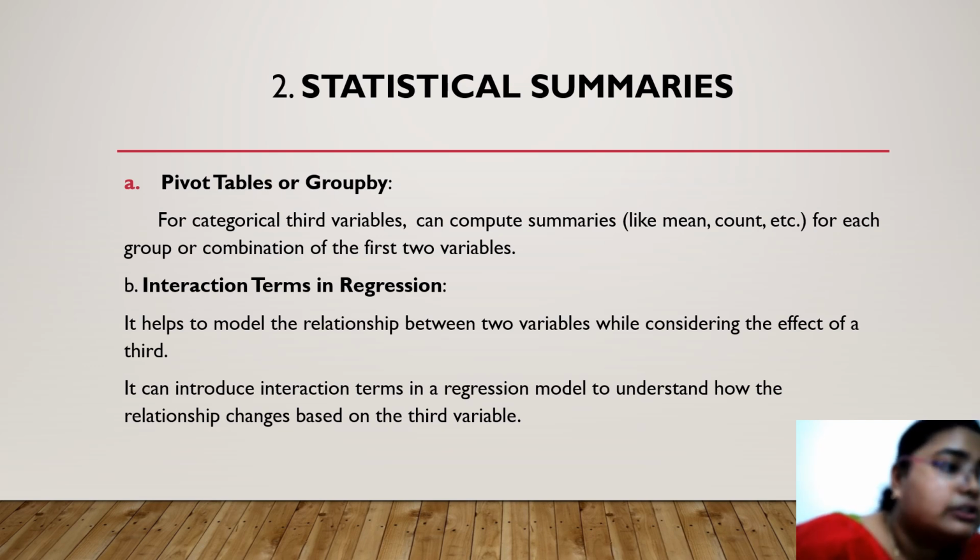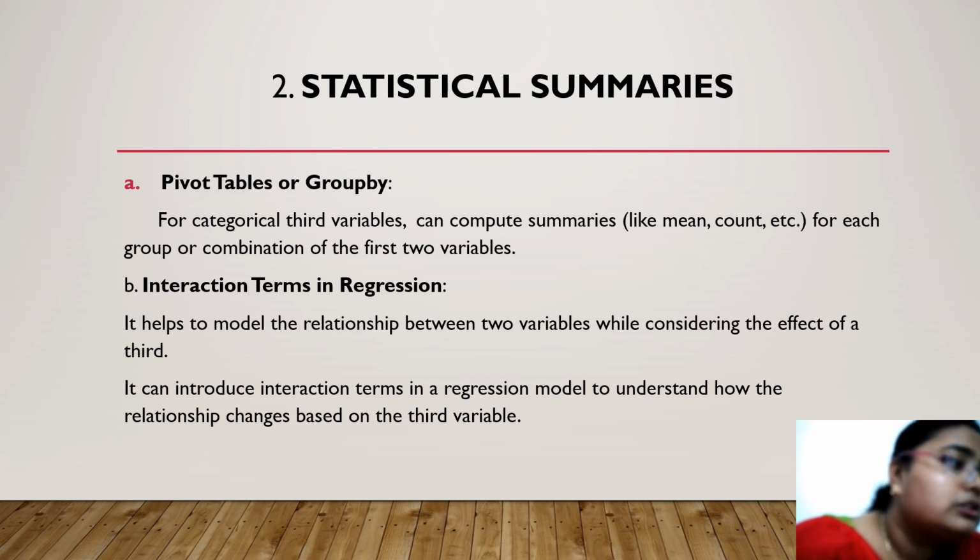Next is the regression. Regression helps to model the relationship of the two variables while considering the effect of the third variable also. That is, what is the effect of the third variable between these two variables. These are all measured with the help of the process called regression.